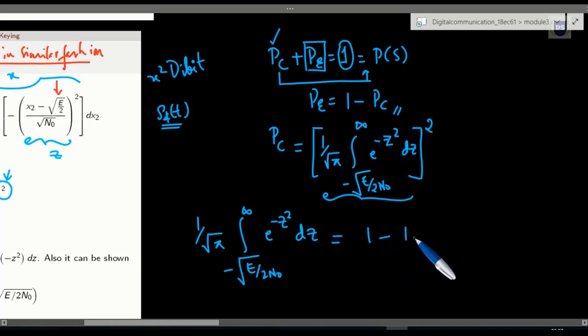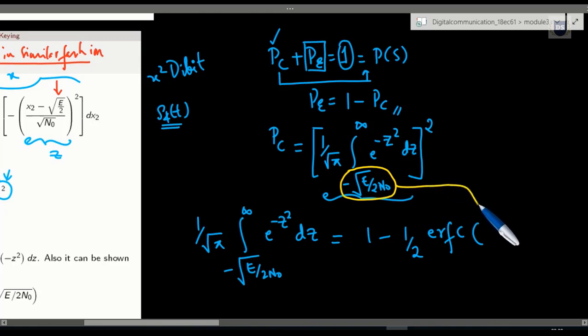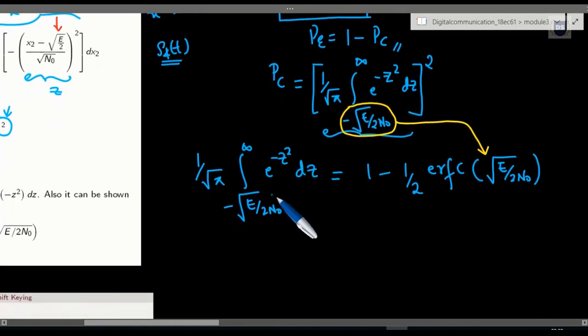1 minus 1 by 2 of the complementary error function erfc of square root of E by 2N naught. Remember, the lower limit plays a crucial role.